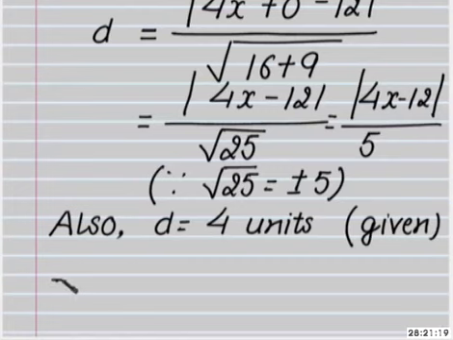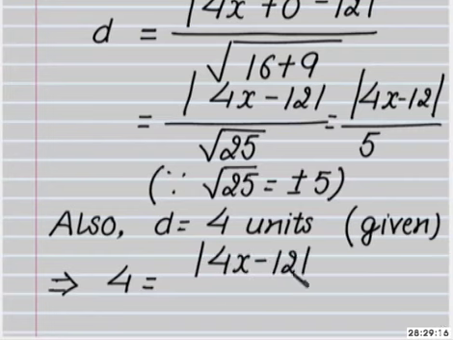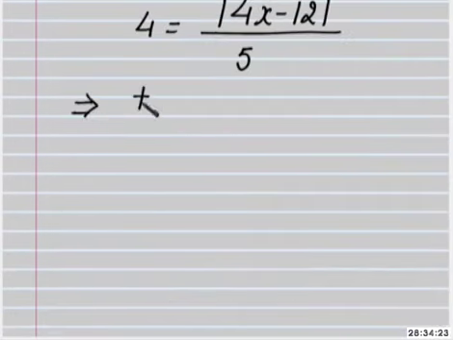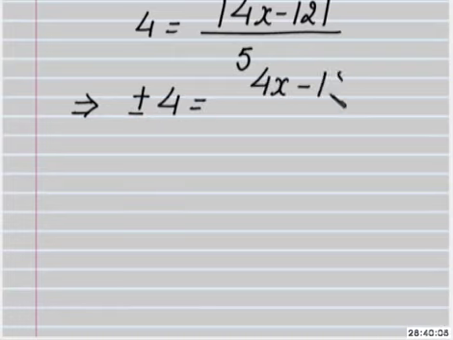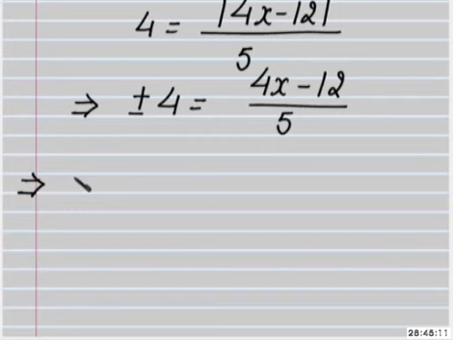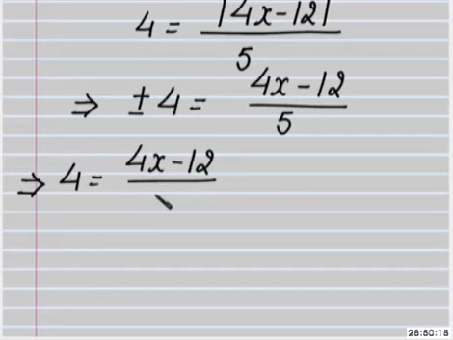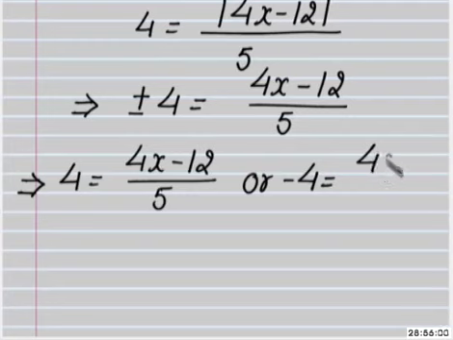So this implies 4 is equal to modulus of 4x minus 12 upon 5, implies that plus minus 4 is equal to 4x minus 12 upon 5, implies that 4 is equal to 4x minus 12 upon 5, or minus 4 is equal to 4x minus 12 upon 5.